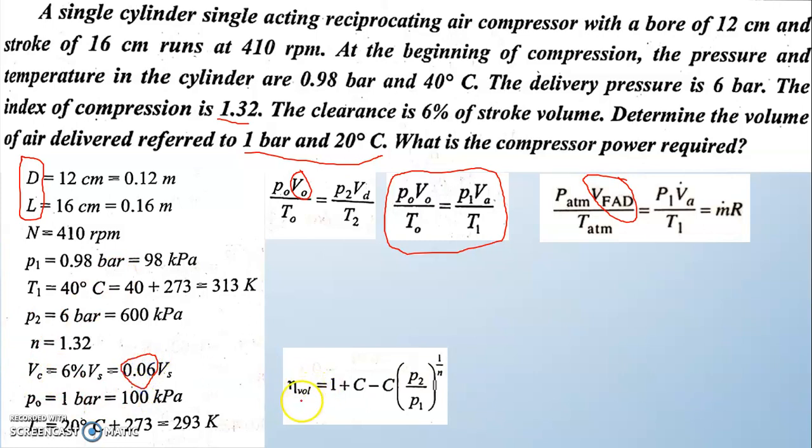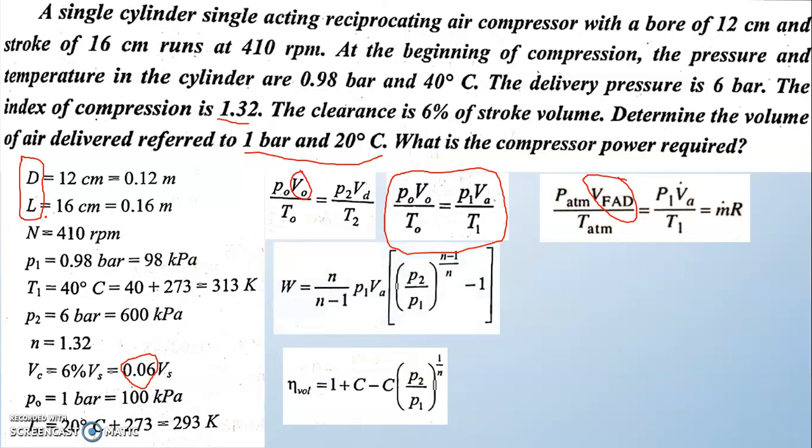So you can calculate the value of volumetric efficiency. Multiplying volumetric efficiency with the swept volume, you will get the value of actual volume. If you have the value of actual volume, you can calculate the value of VFAD. That is our first thing to calculate.